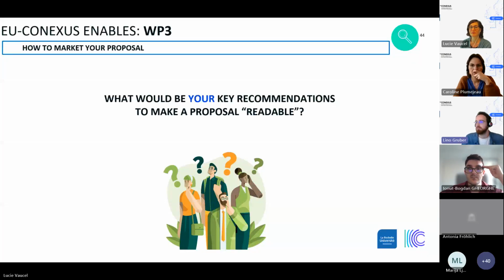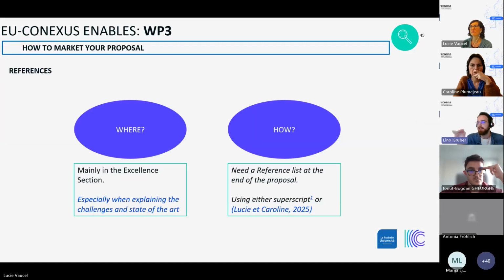So the first thing we wanted to mention is about the references. You can and you will most definitely make references while writing your research proposals, and usually you have those mostly in the excellence part, especially when you mention the challenges that your proposal will address.